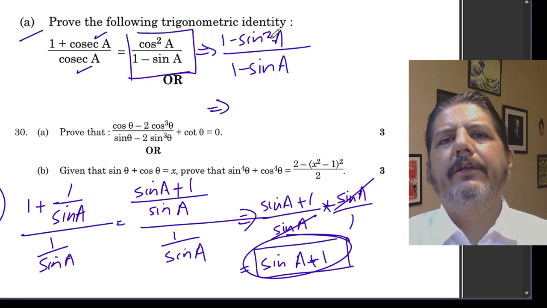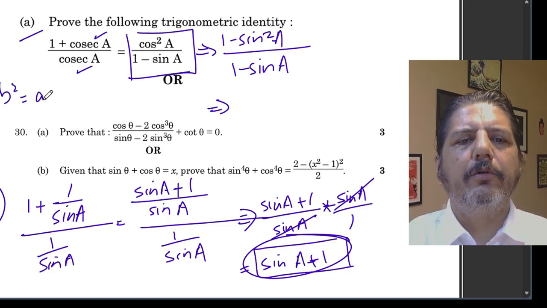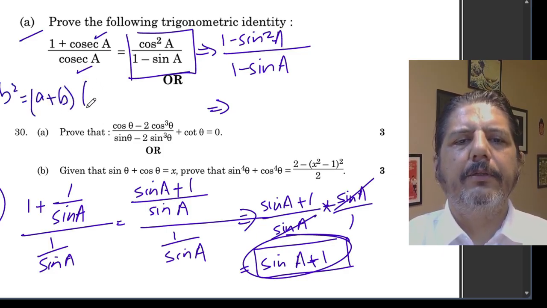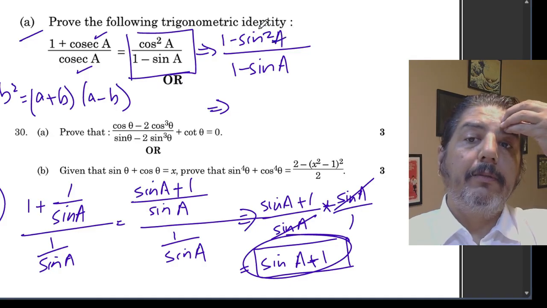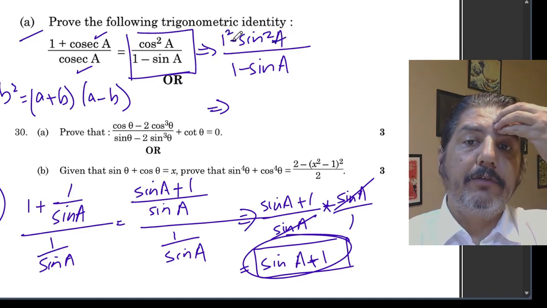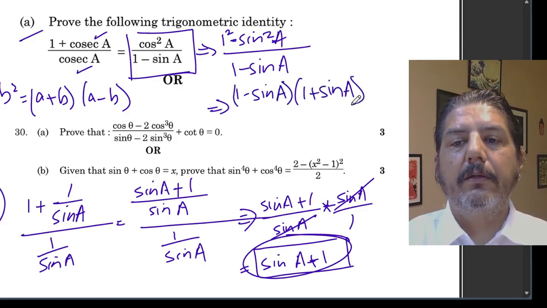So 1 minus sin²A, basically this is a square minus b square, and this will be equal to a plus b into a minus b. So 1 minus sin²A can be written as 1 square minus sin²A. This can be written as 1 minus sin A multiplied by 1 plus sin A, whole upon 1 minus sin A. So this will cancel.